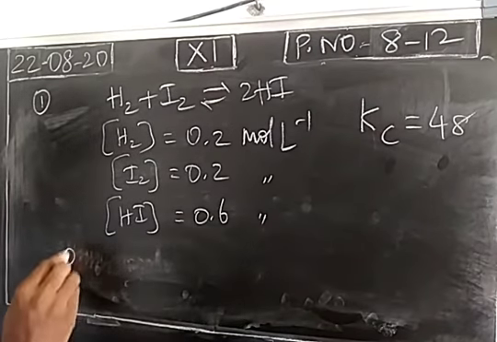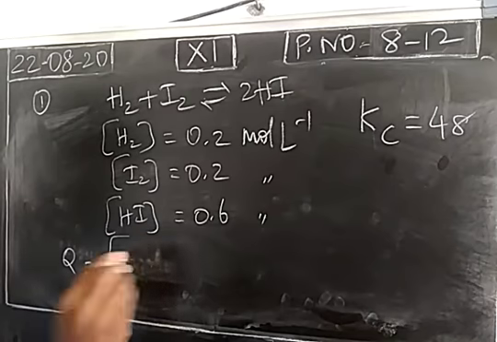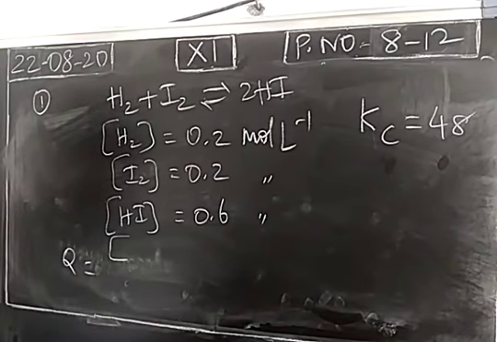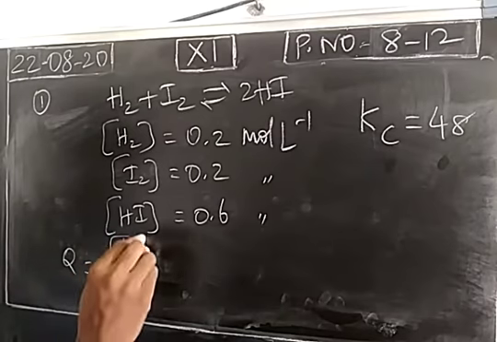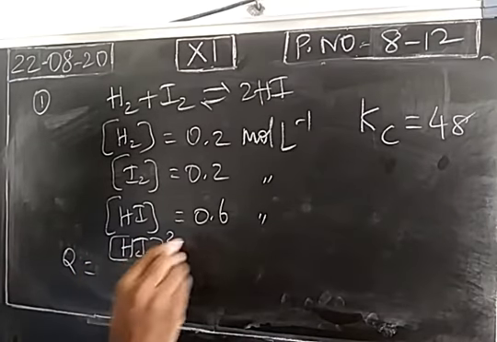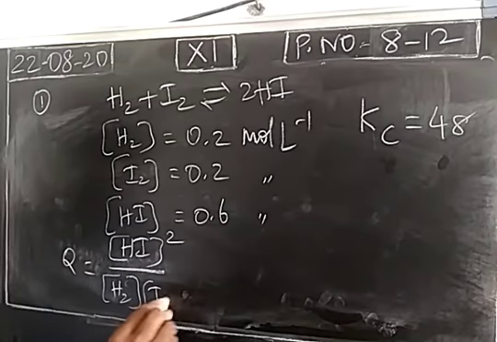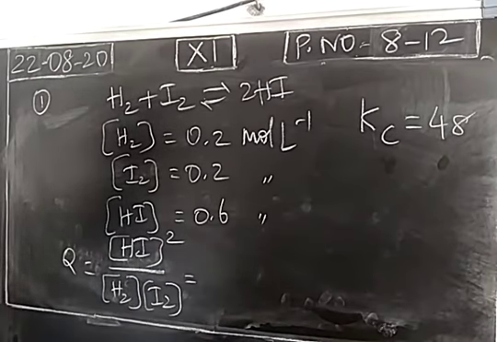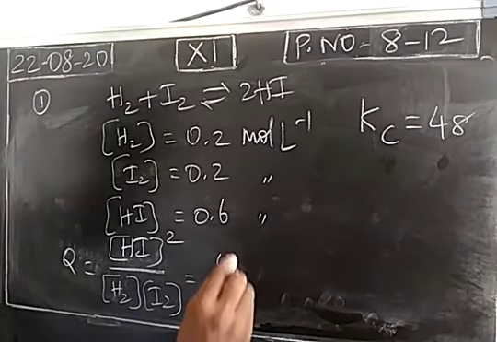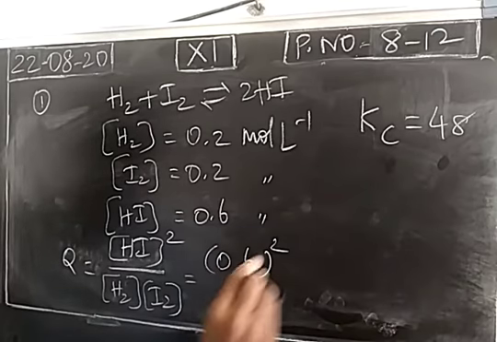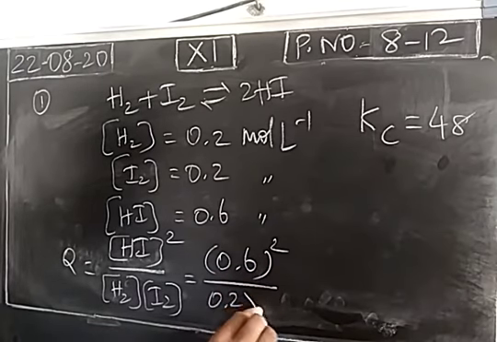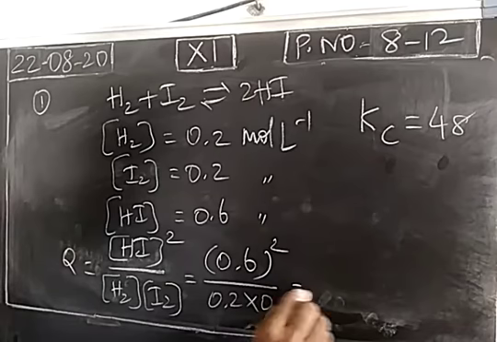So what is Q? It is the ratio of the product of concentration of products to the product of concentration of reactants. So we have product hydrogen iodide, 2 moles; reactants hydrogen gas and iodine gas, both 1 mole. Concentration of product 0.6 squared over reactants concentration 0.2 times 0.2.